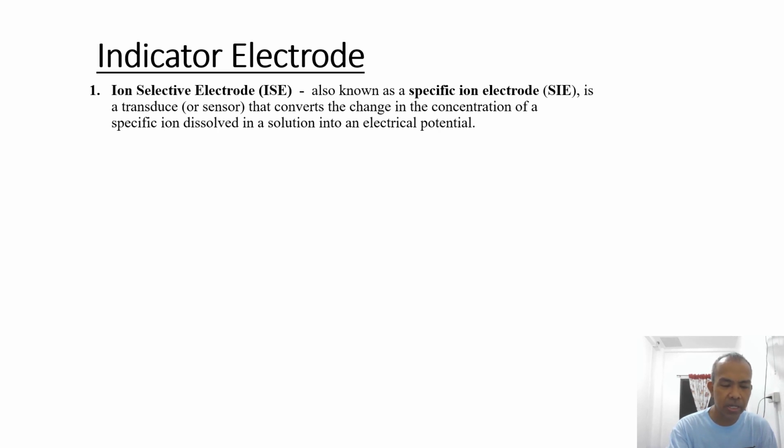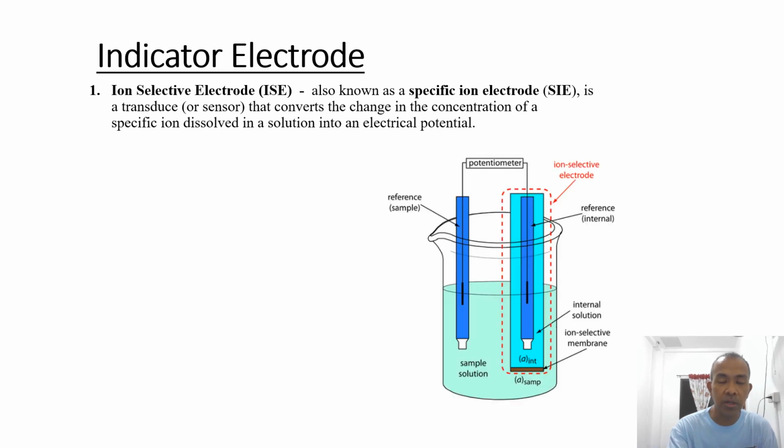So for the ISE, the voltage is theoretically dependent on the logarithm of the ionic activity according to the Nernst equation. So ISEs are used in analytical chemistry, biochemical and biophysical research, where measurements of ionic concentration in an aqueous solution are required.